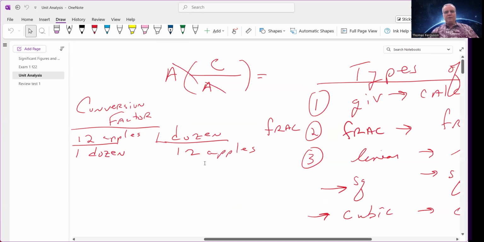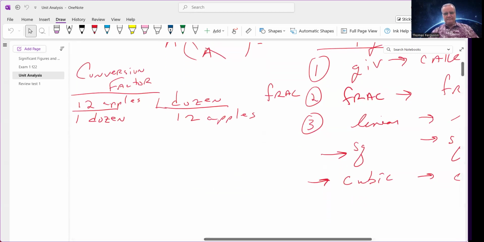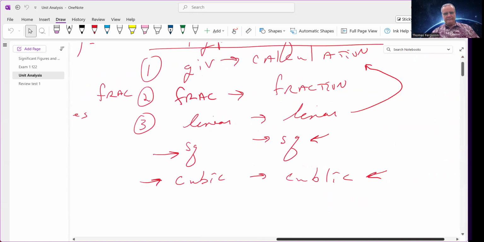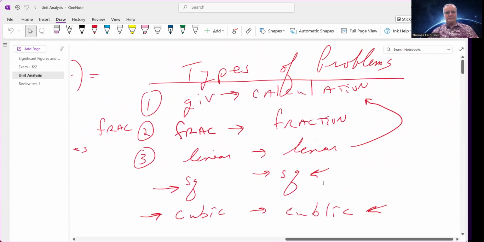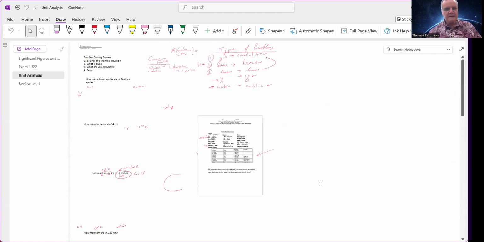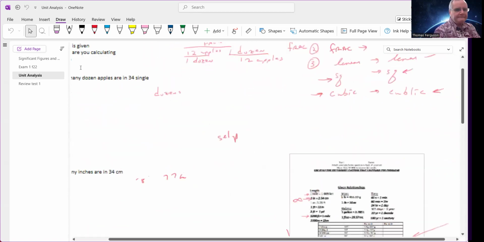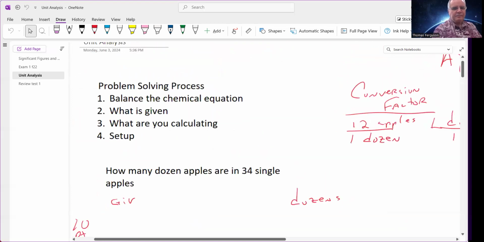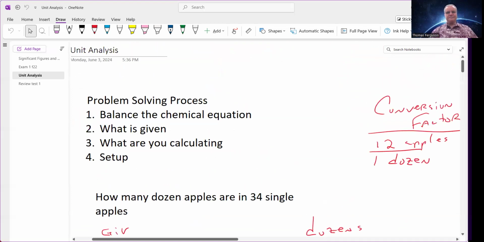Every single problem has 4 steps, period. No exceptions.